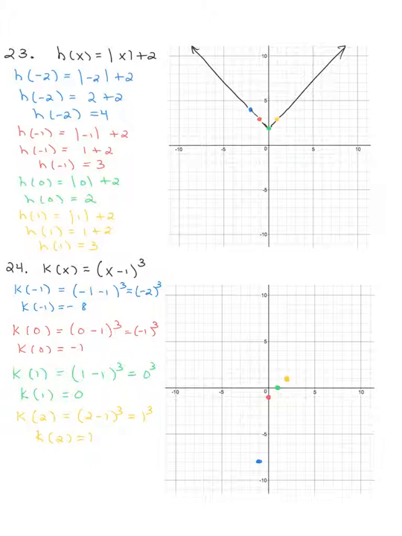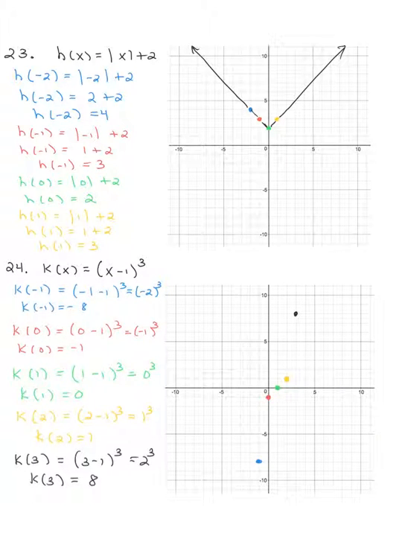Let's get one other point. I'm not really sure what the pattern is here. So I guess K of 3. That's (3 minus 1) cubed. That's 2 cubed. And 2 cubed is 8. So at 3, we get 8.